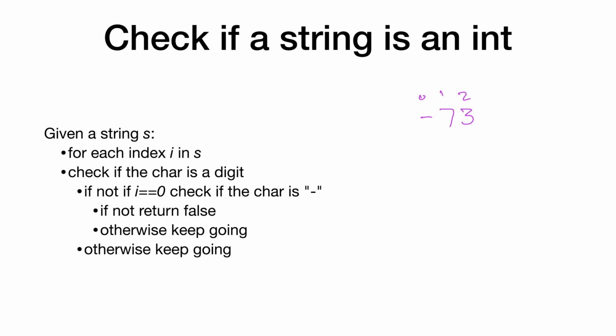So again, our example was negative 73, with indices 0, 1, 2. We're walking down this and we check if the character is a digit. Well, this isn't a digit. So, if not, check to see if I is equal to 0, and if so, is the character the negative sign? If it's not, then you found something that's not an integer. Otherwise, keep going, so then you would check 7, you would check 3.